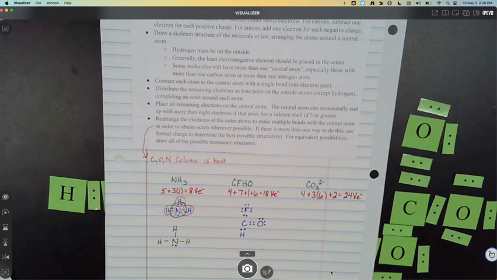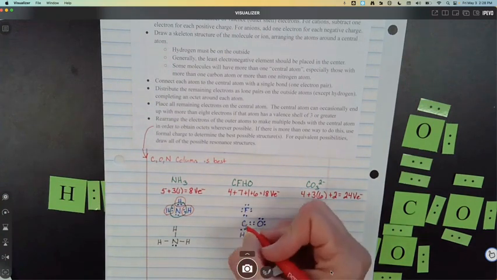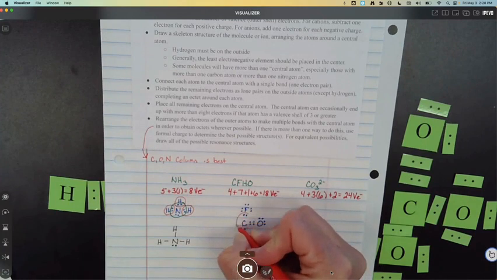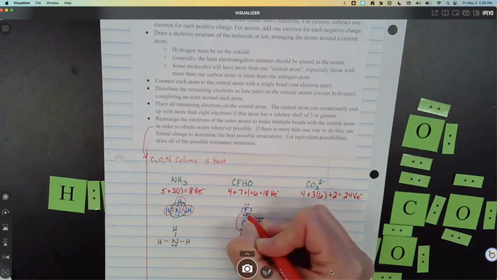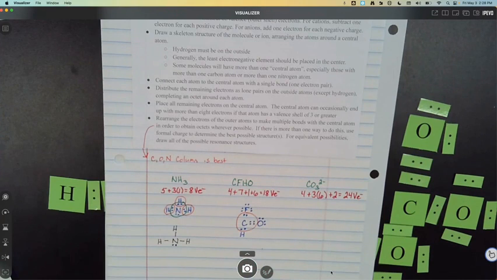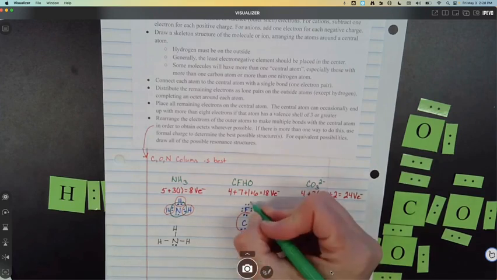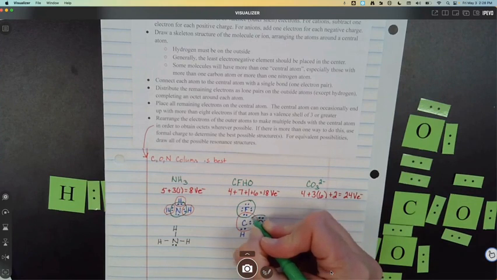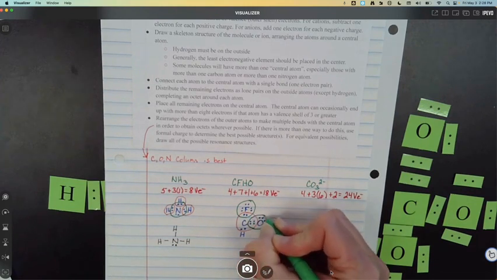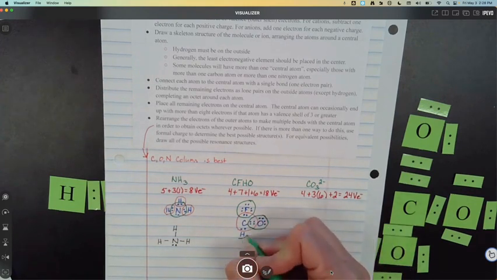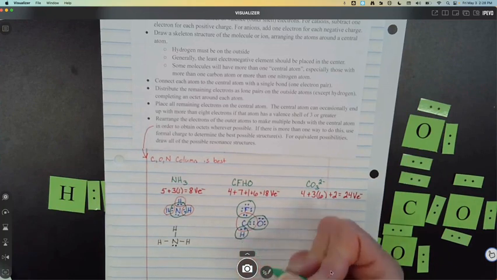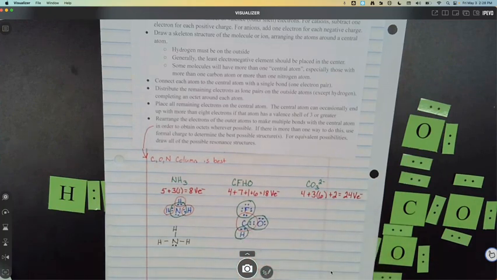So if I do a quick assessment of my situation, here's carbon, which now has access to 8 valence electrons. Fluorine has access to 8. By doing multiple sharing, oxygen has access to 8. Hydrogen has access to 4.